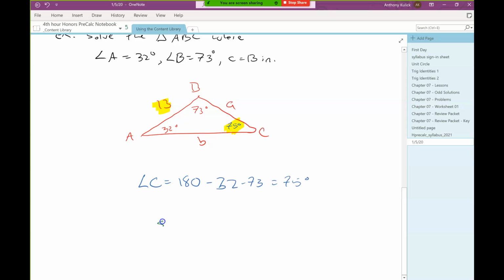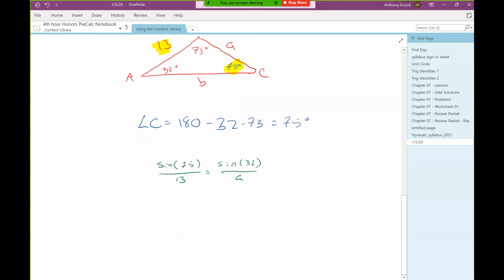So I can take those and set them equal to, say, sine of angle A over side A. And now I can solve for A, right?